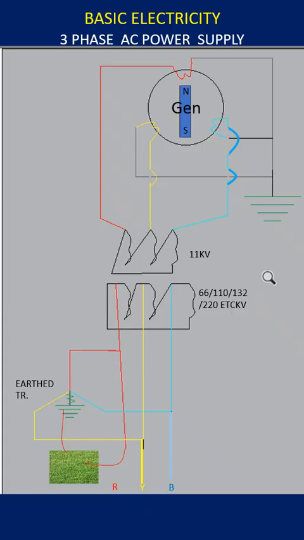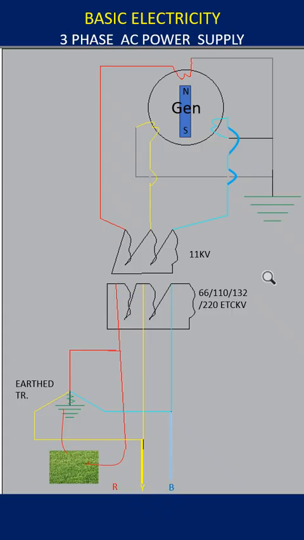In the transmission system, here I have shown a delta-delta connection of the transformer. For a delta connection, the transmission line needs an earth transformer to convert this delta into a star, and the neutral point is earthed.